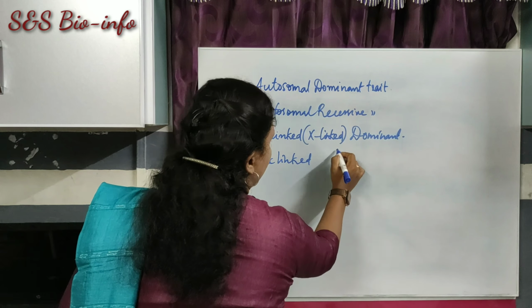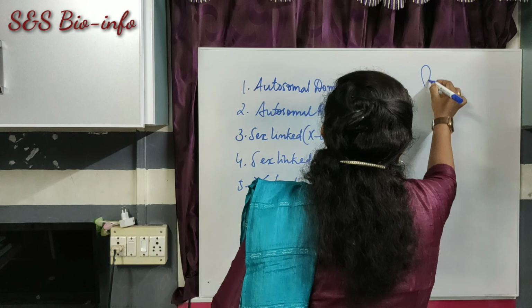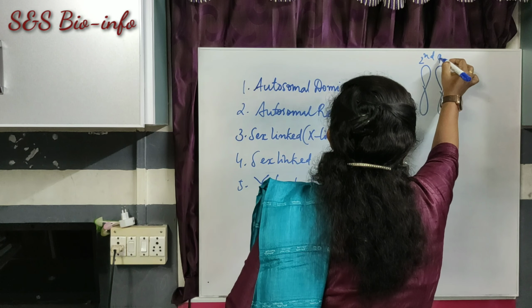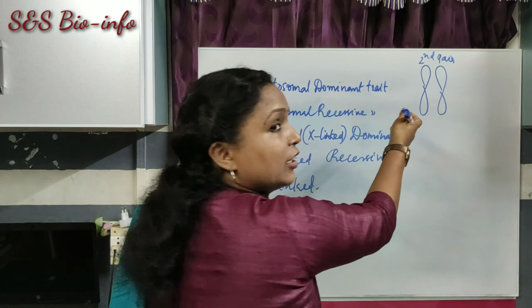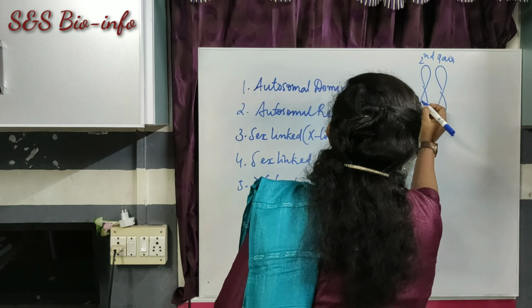Then what is meant by autosomal dominant trait? The trait is controlled by a pair of dominant alleles that are located in the autosomes, not in the sex chromosome. Suppose this is the second pair of chromosomes in the human body. So this is a homologous pair of chromosomes. Suppose these dominant genes are located over here.